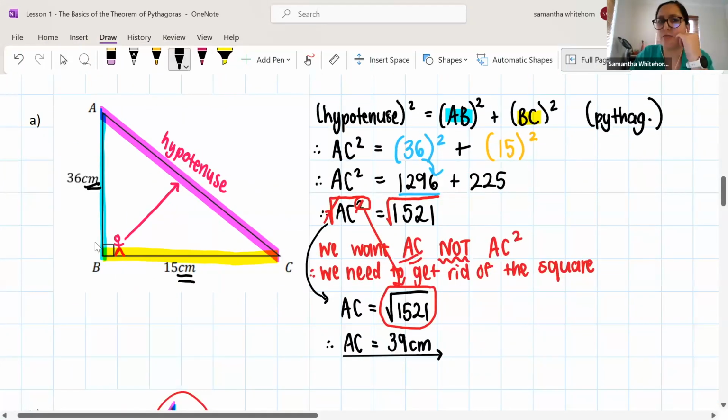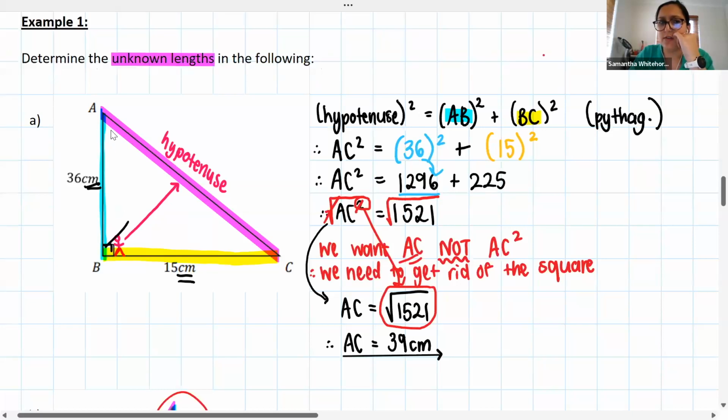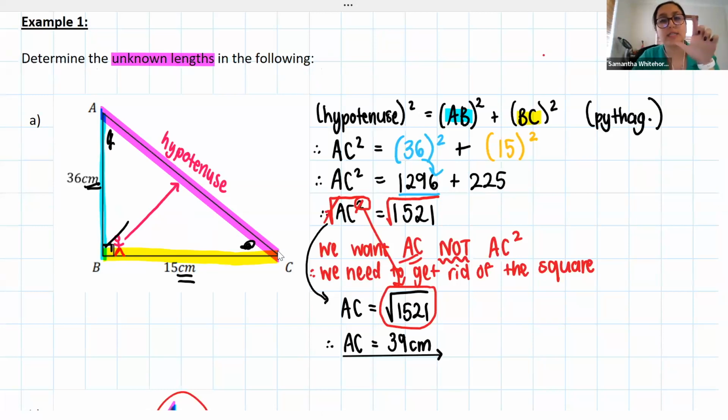Well, you can only have one 90-degree angle in a triangle. So there's your 90-degree angle. This angle at A and this angle at C will be two different sizes. Because remember, a triangle can only contain 180 degrees.